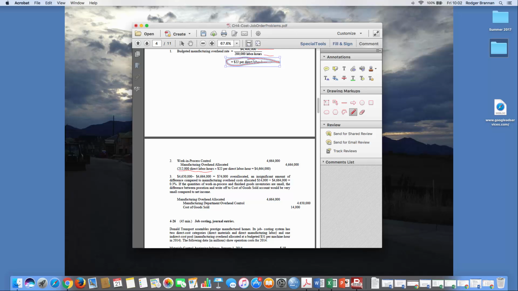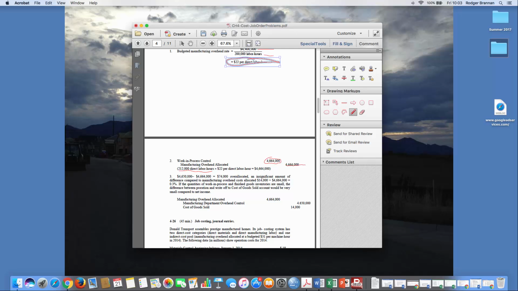And remember that that would be debited to work in process. Every time a job is finished, as I've added all materials, I've added all my labor, then I apply the overhead. And in this case, they're saying if I add all those up, it comes out to be 212,000. Yes, it's more than what we anticipated. Sometimes that happens, okay? And the credit entry is going to be to this manufacturing overhead applied or allocated.